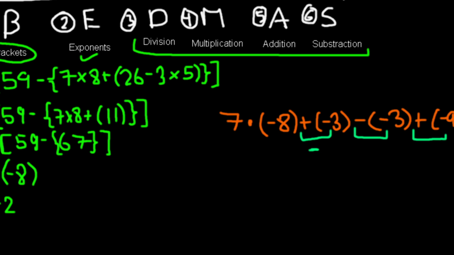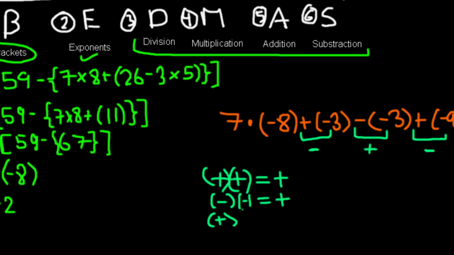If you have a negative and a negative right beside each other, that represents a positive. If you have a positive and a positive, that expresses simply one positive. And if you have a negative and a positive, vice versa, it expresses as a negative.